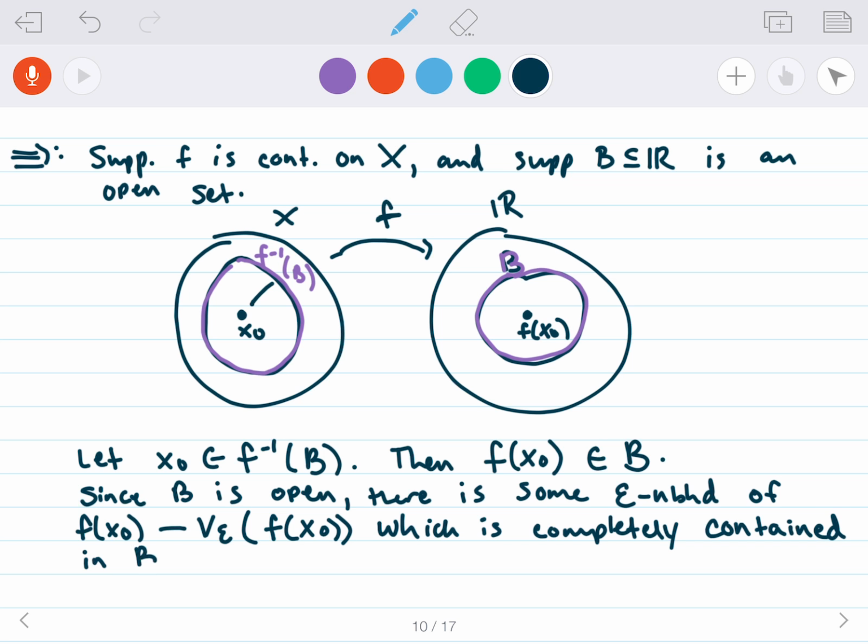Okay, so let's draw a picture here. So this is going to be my neighborhood. This is my epsilon neighborhood centered at f of x naught. Okay, and so now we're going to use the fact that f is continuous at x naught. So f is continuous on all of X, and in particular, f is continuous at x naught.